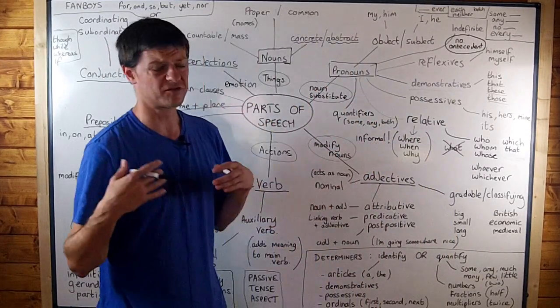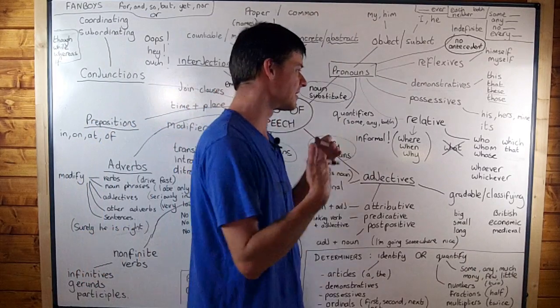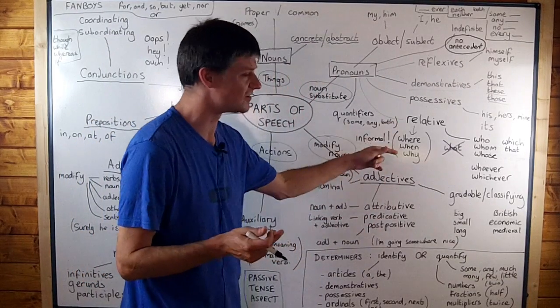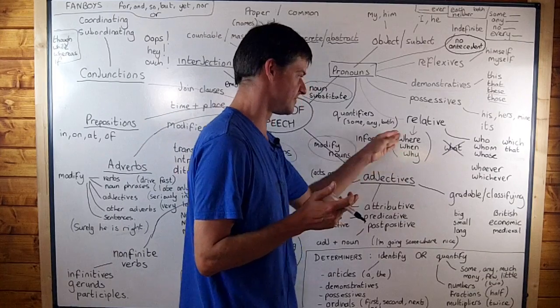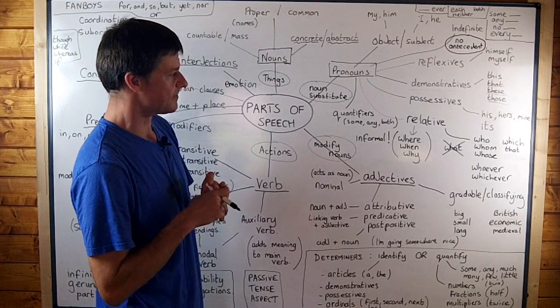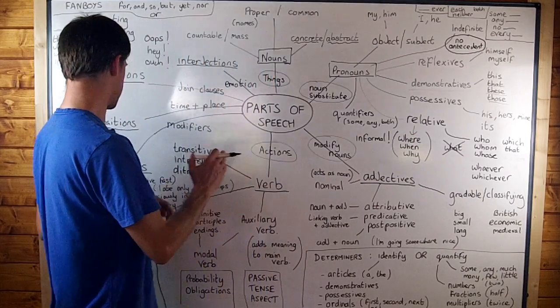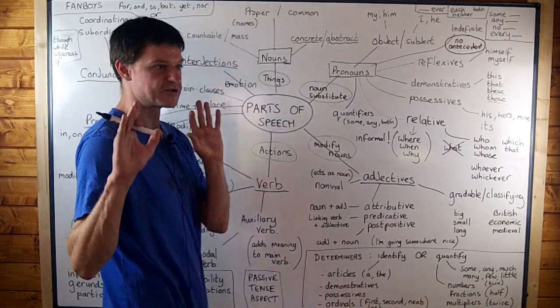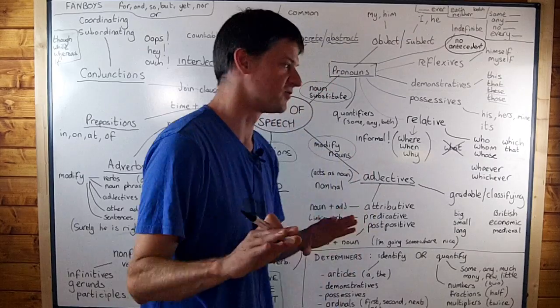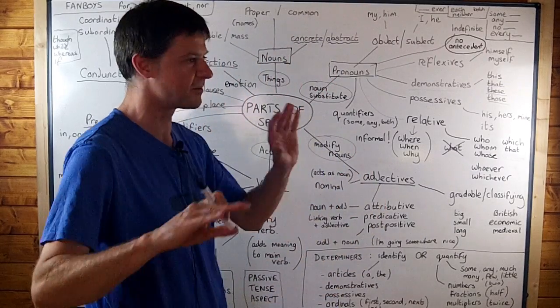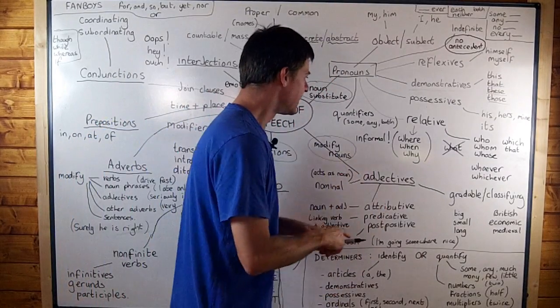But I think in informal speech we use them all the time like relative pronouns, and so it's good to be aware of them, certainly. But technically they should be relative adverbs. We'll look at adverbs in a moment. Basically, if you don't know what a word is, you can always call it an adverb, because an adverb can mean a lot of different things.